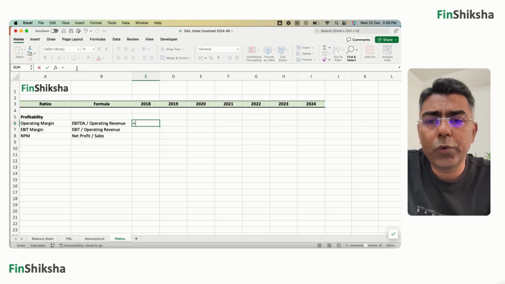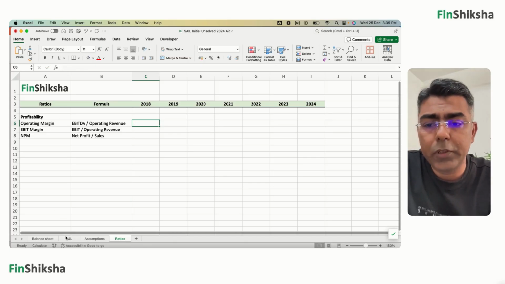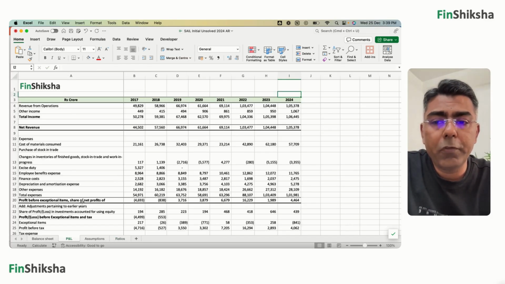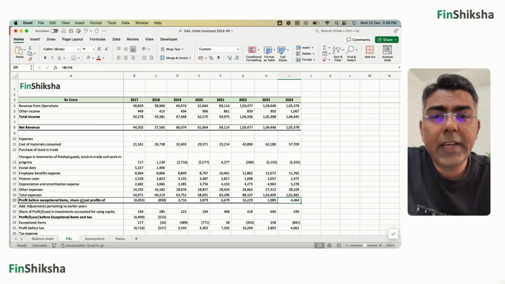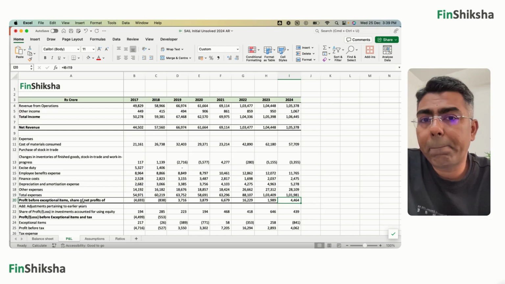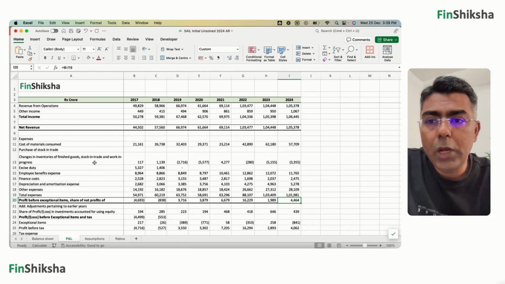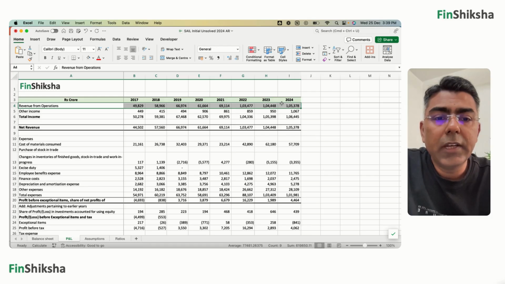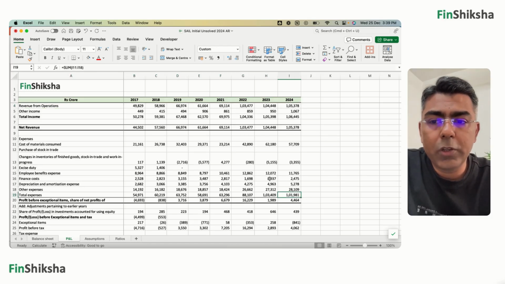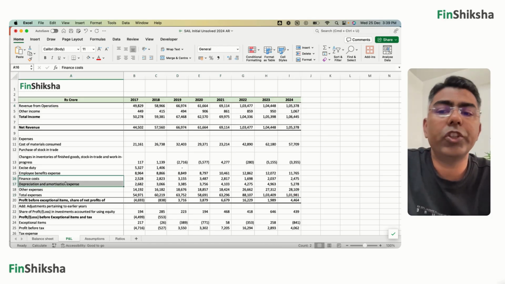So let's quickly go to 2018. First, what happens on the P&L is you will get profit before exceptional items, share of net profits and all of that. You don't necessarily get the EBITDA number. Now if you look at this carefully, you have revenue from operations, which is available with us, and I have all the costs, but the costs include finance cost and depreciation expense.